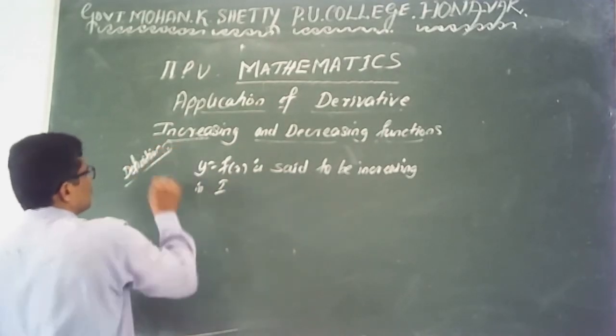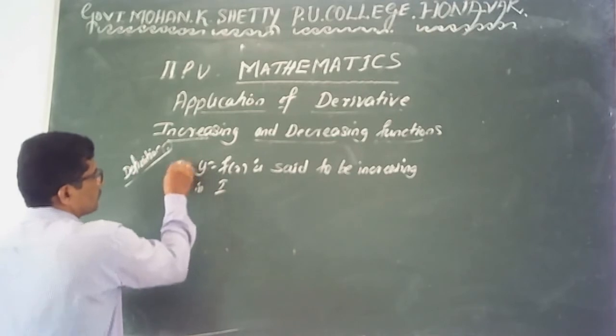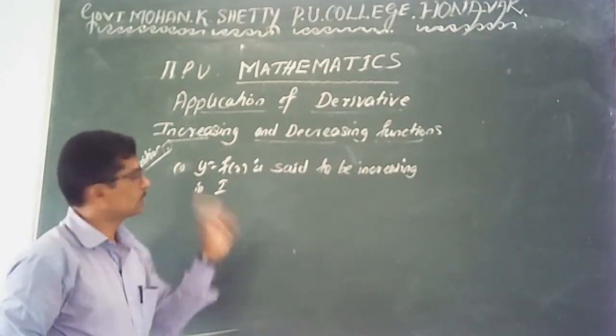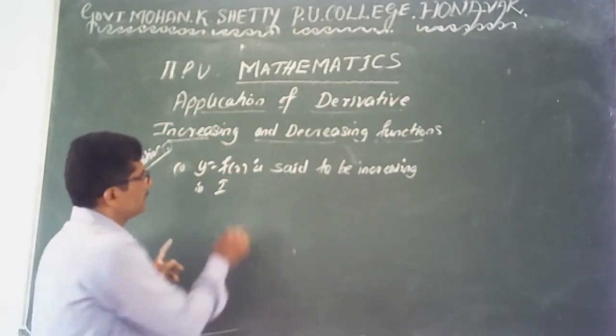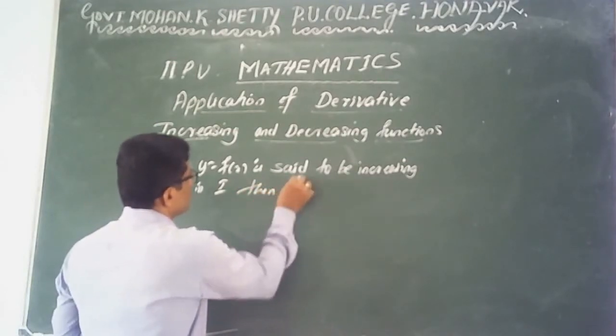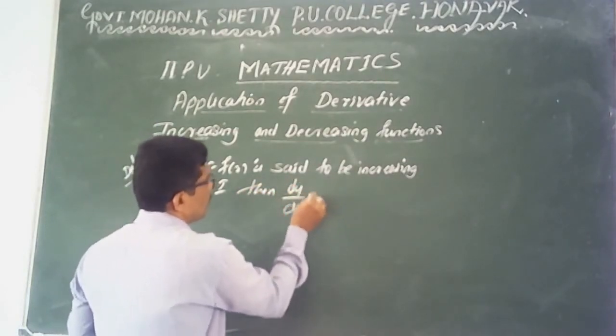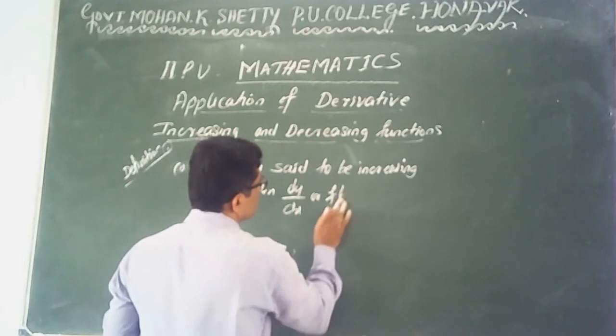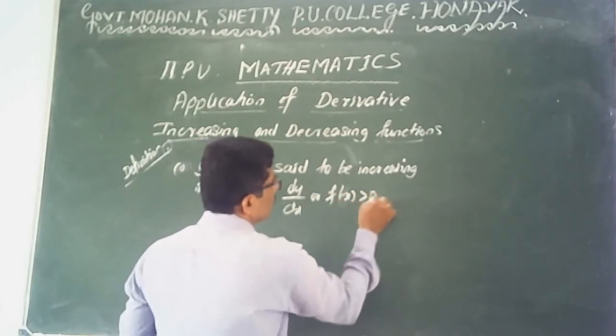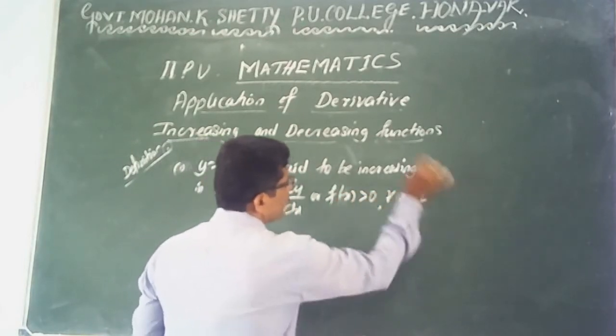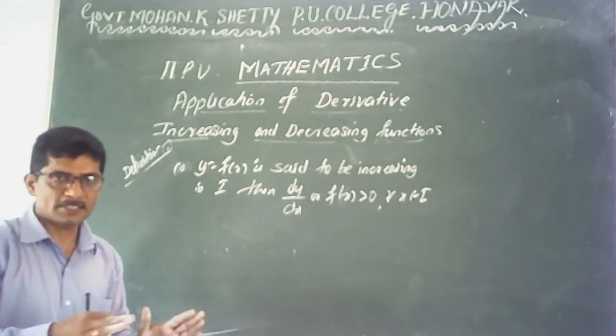The first case, y is equal to f of x is said to be an increasing function in the interval I, then dy upon dx or f dash x is always positive for each x belonging to the interval I. It's clear?